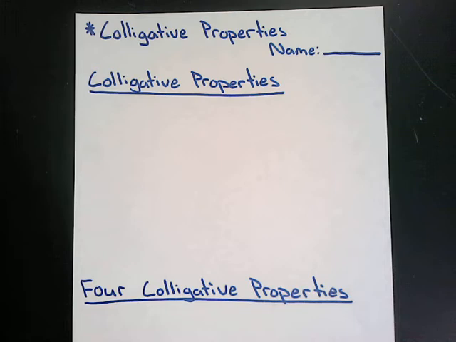Objective number 1 is to determine the concentration and molar mass of a non-volatile, non-electrolyte from its effect on the colligative properties of a solution. Objective number 2, explain the difference between the magnitude of changes in colligative properties caused by electrolytes compared to those caused by non-electrolytes.